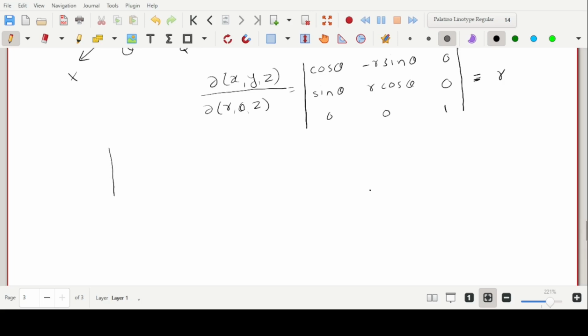Let's say a cylinder, this is x, y, this is z, having radius, let's say 2, and having height equal to 3, let's say, or maybe 4.